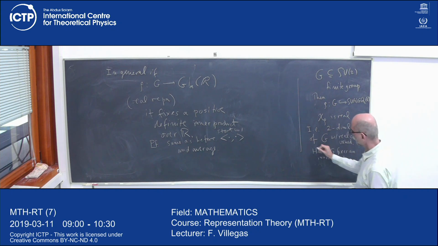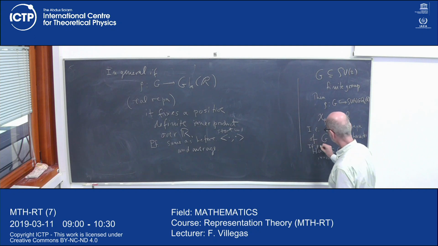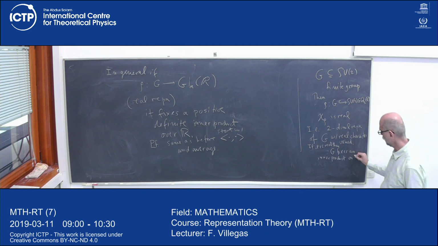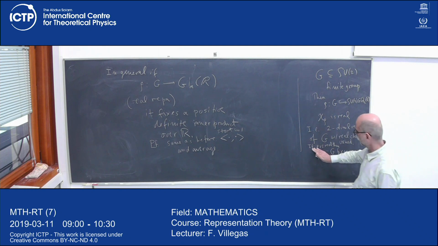So if rho is real, then G fixes an inner product on R2. But the positive definite inner products on R2 are all isomorphic.